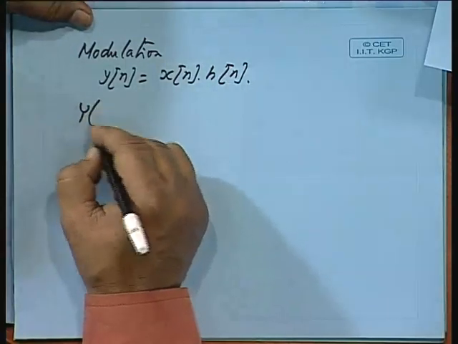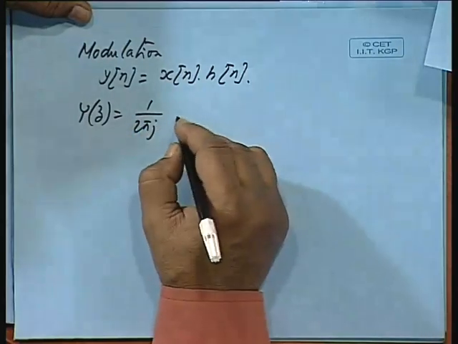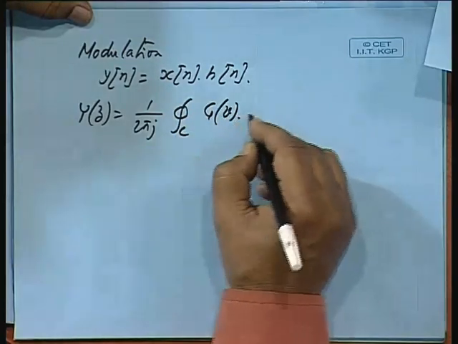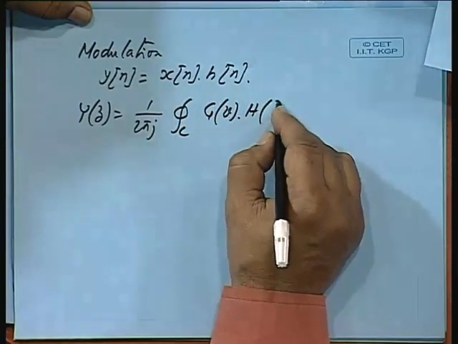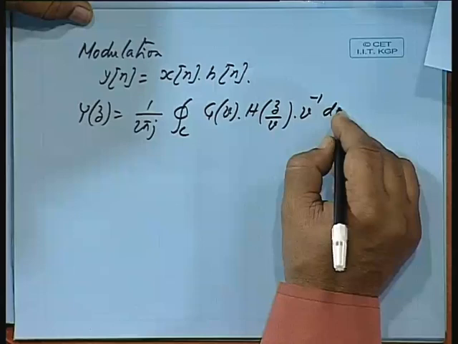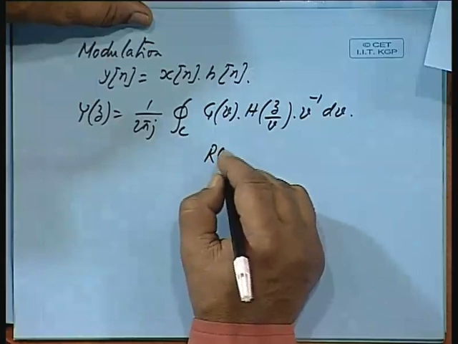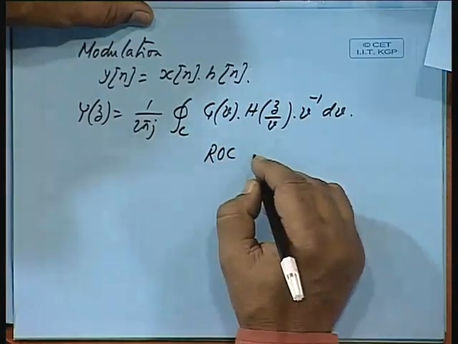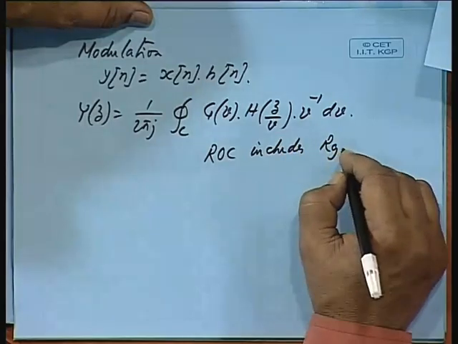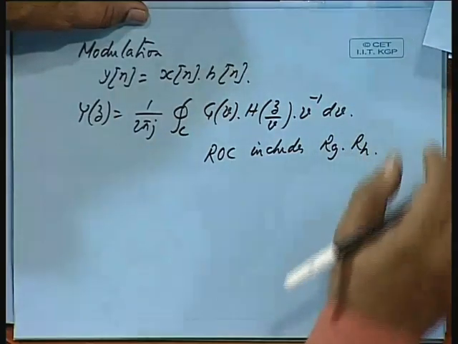Then y z will be 1 by 2 pi j integral of g v h z by v v to the power minus 1 dv. The ROC, region of convergence, includes RG and RH.